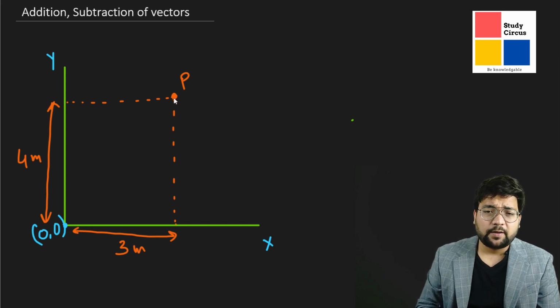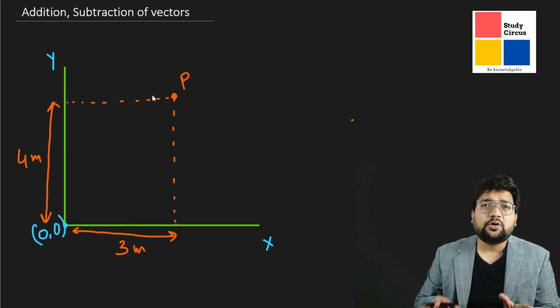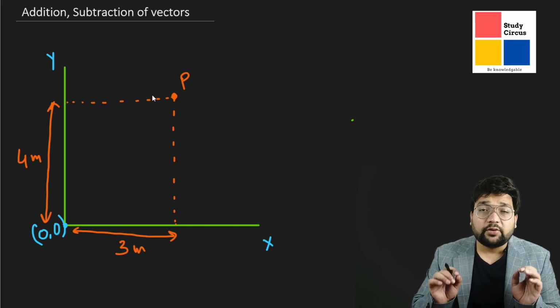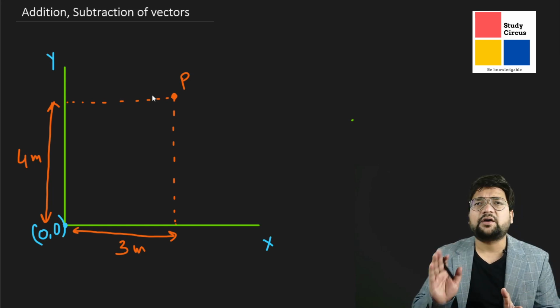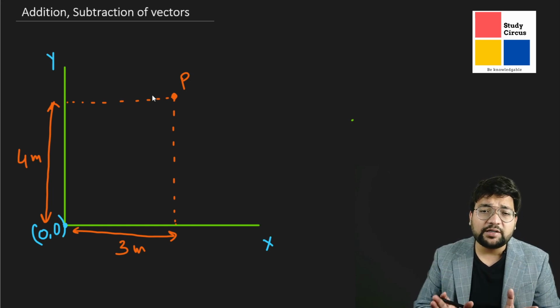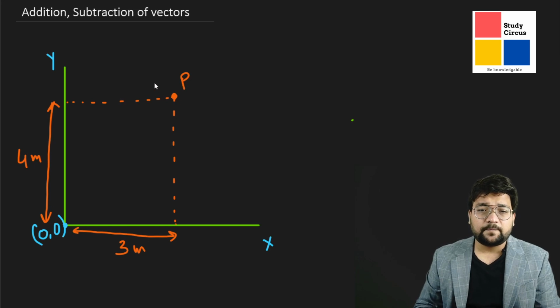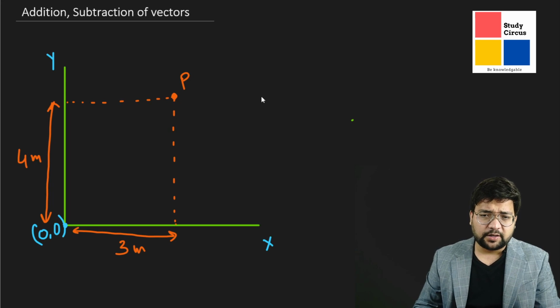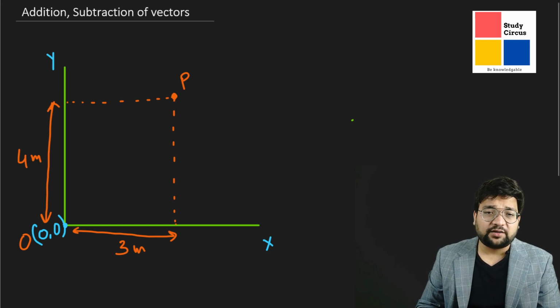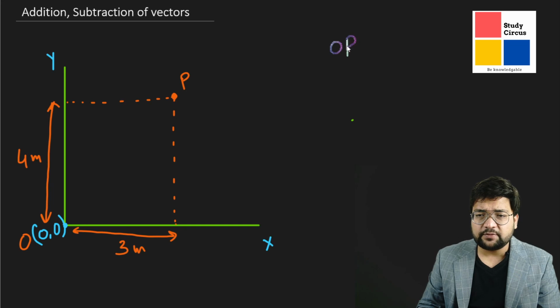Now position is also a vector physical quantity. If I have to denote the position vector of P, with O as the origin reference point, I'll denote it as the OP vector.